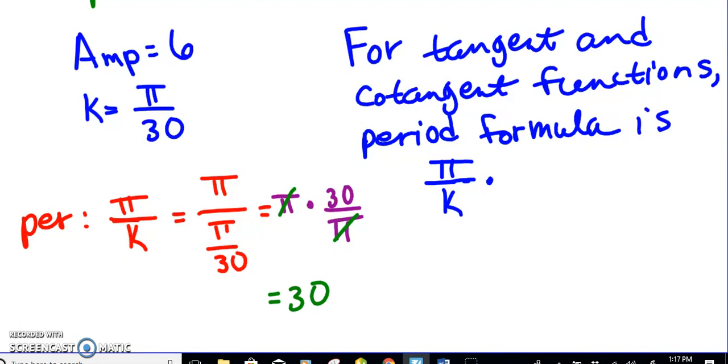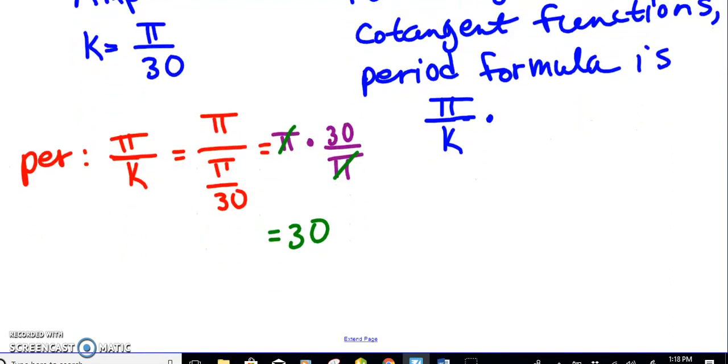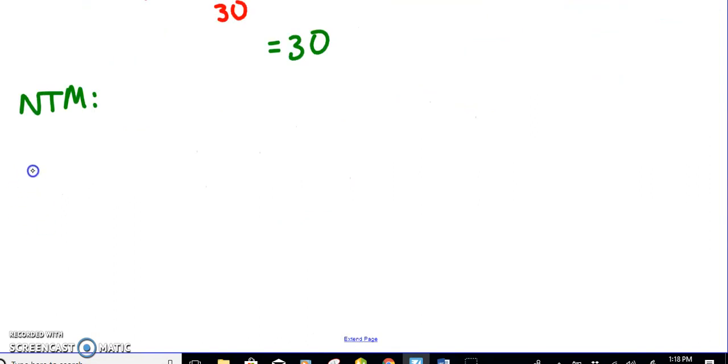Don't do that. Everything else is going to be the same when it comes to our new tick marks and all that good stuff. It's going to match up with that 30 so that when we put everything out there, it's going to be easy. Easy peasy lemon squeezy. So again, we're going to talk about our new tick marks. We already know the old ones. We're going to divide them by the k. We already know that part because we just talked about that a few minutes ago with the cosecant graph.